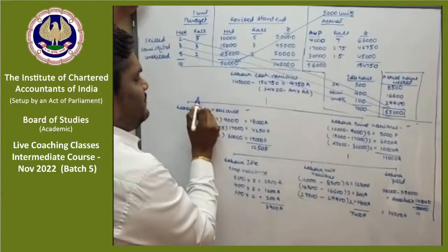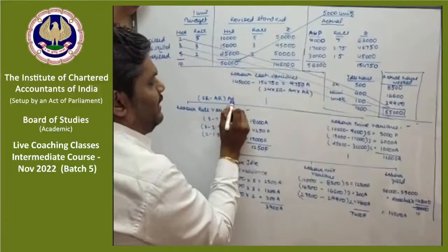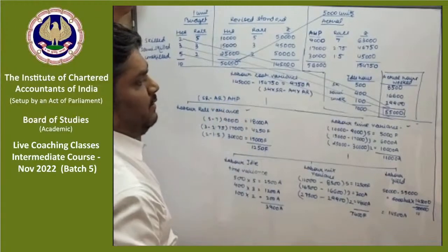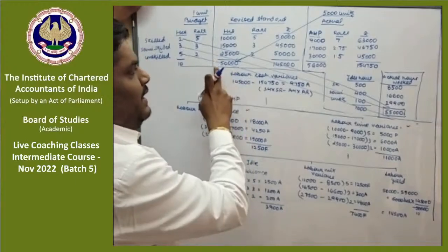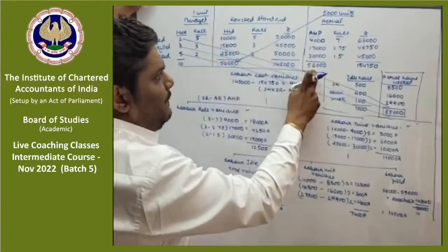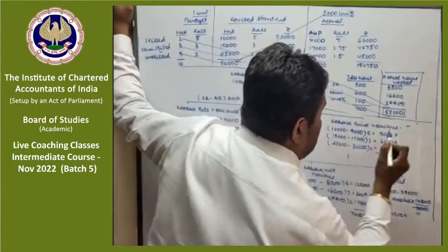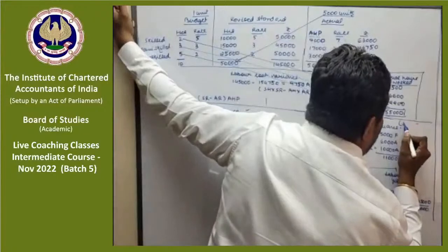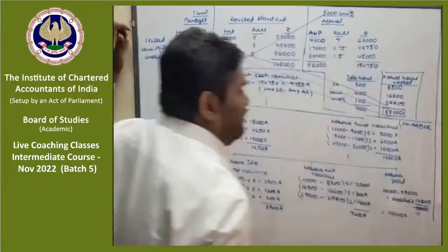Here it is the actual hours paid. So standard rate minus actual rate into actual hours paid. When talking about labor time variance, standard hours minus actual hour paid into standard rate. So standard hours minus actual hour paid into standard rate.